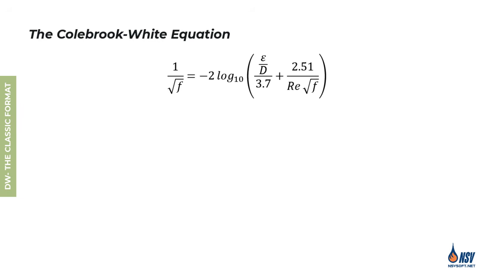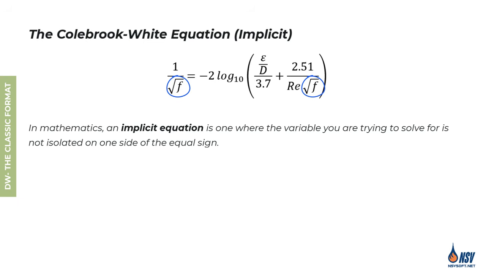However, applying this equation presents a significant mathematical challenge. Upon examination, it becomes evident that the friction factor is present on both sides of the equation. In mathematics, this is classified as an implicit equation. Because the equation is implicit, it cannot be solved algebraically for f in a single direct step. Instead, it requires an iterative process.